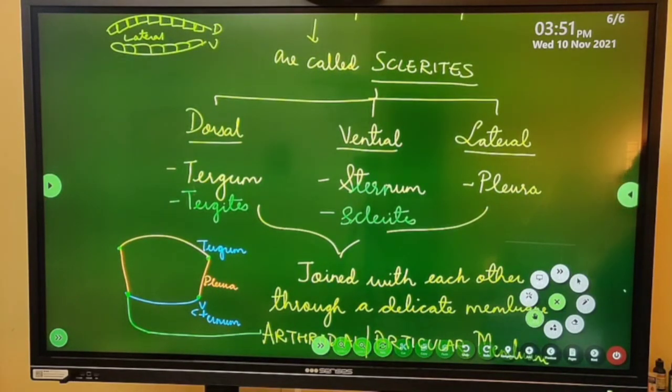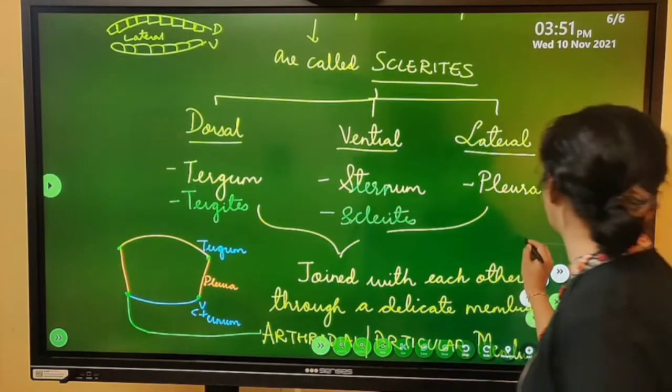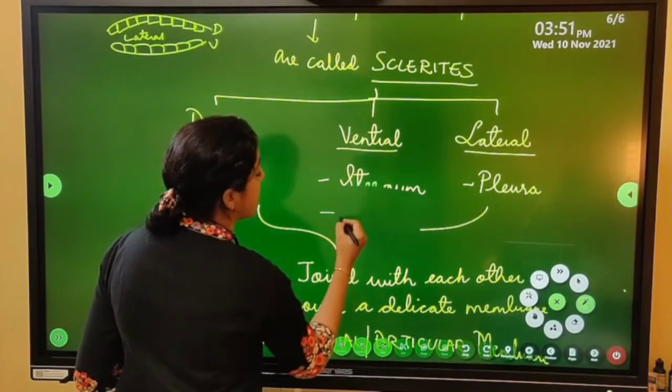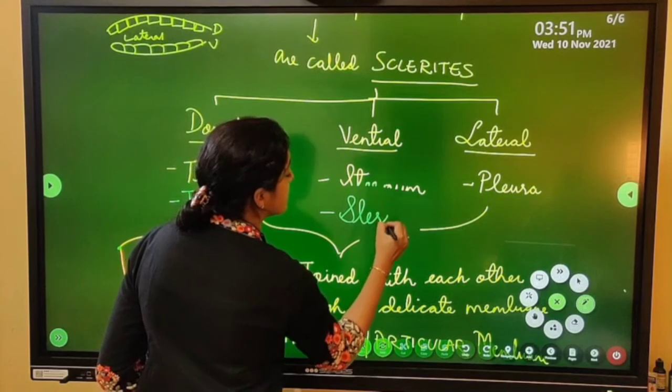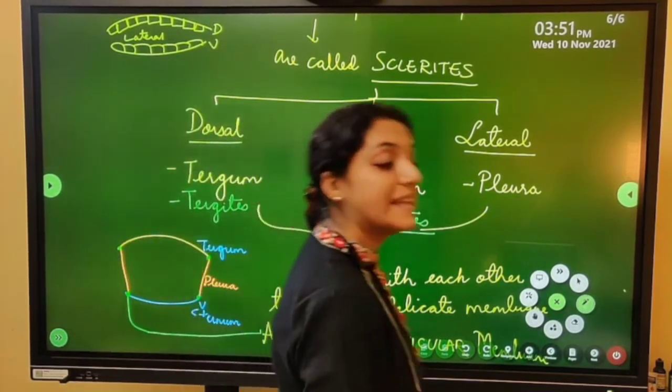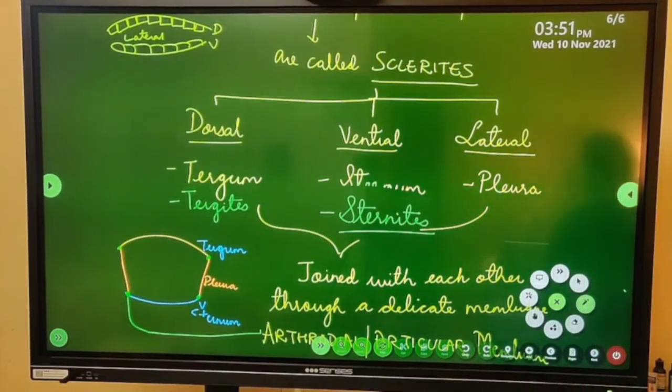Ventral sclerites को बोलते हैं sternum या sternite. It should be sternites. And the lateral pieces, the lateral sclerites, they are called pleura.